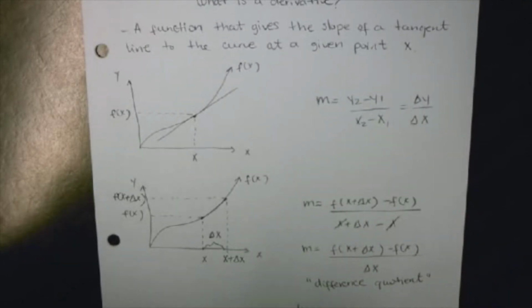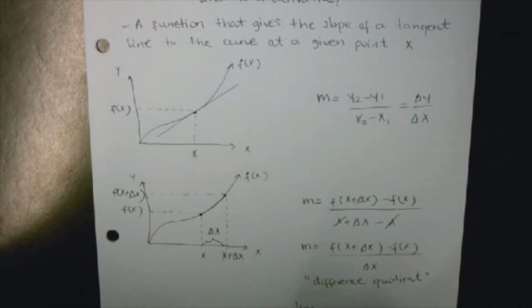The limit as delta x goes to 0. We're basically saying that delta x is getting smaller and smaller, so this point x plus delta x is getting closer to point x, of the difference quotient f of x plus delta x minus f of x over delta x.